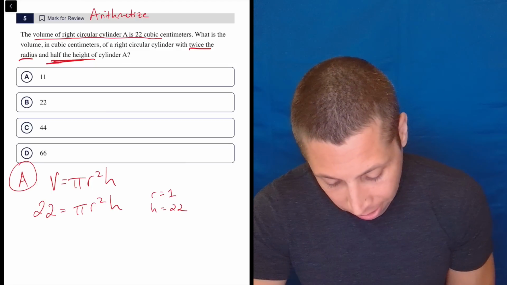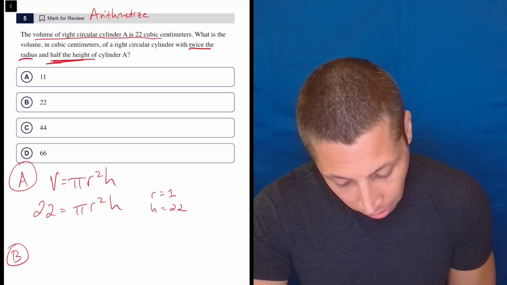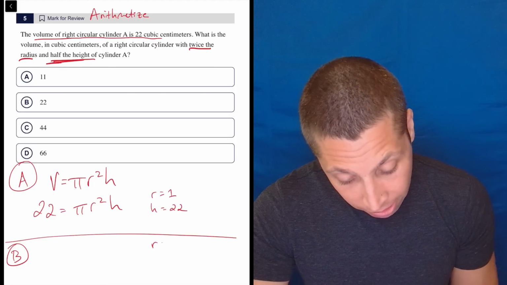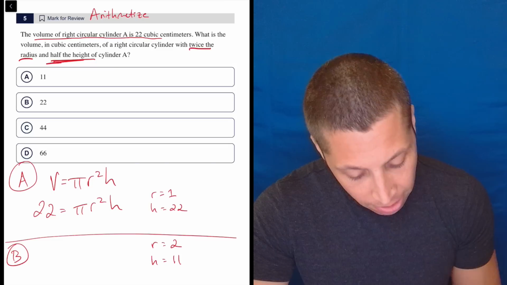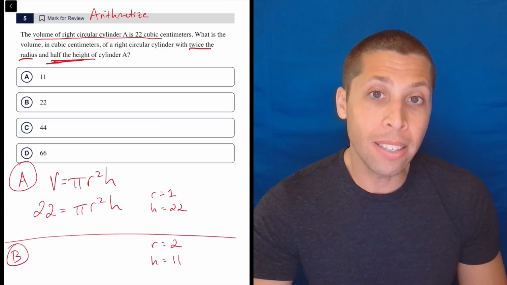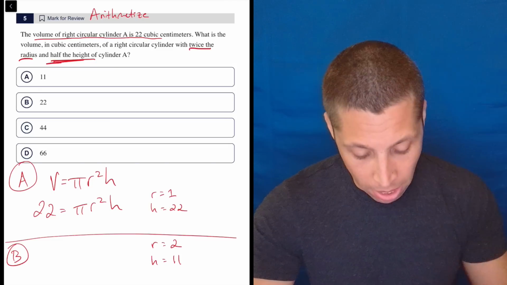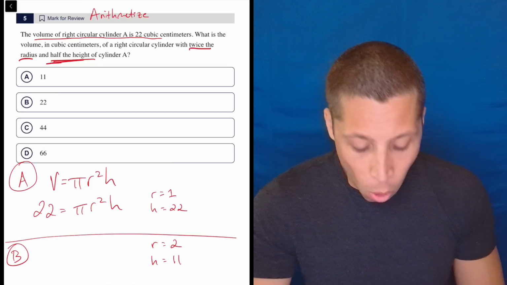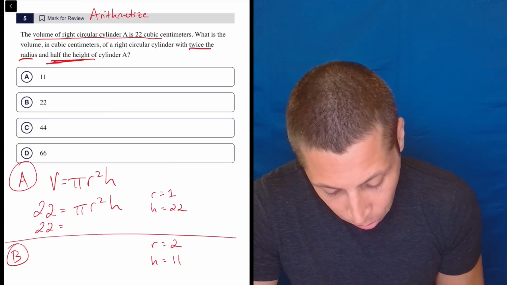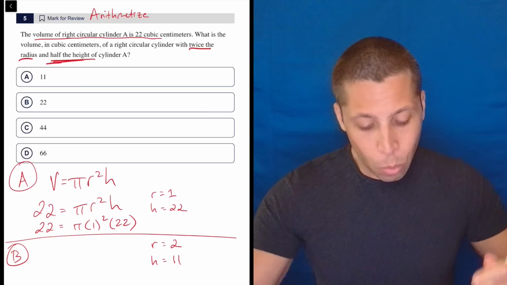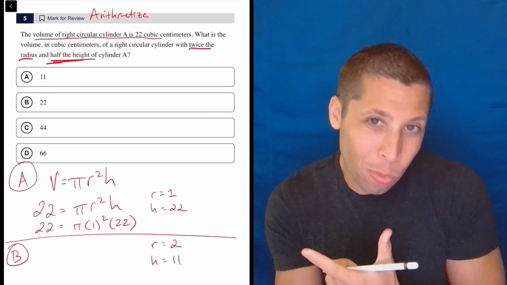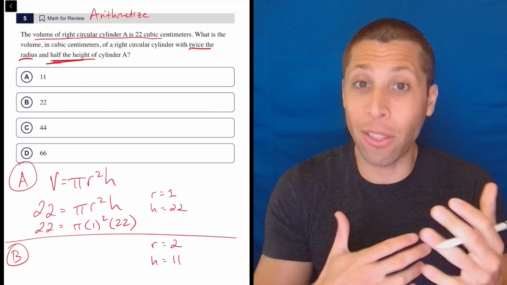That way, when I get to cylinder B later, I have a radius that doubles, that's 2, and a height that I can halve very easily, so that's 11, right? So these are easy dimensions to change. And then let's see that it almost works out, right? So if I do 22 equals pi times 1 squared times 22, we see that this kind of works nicely, that we get the volume that we want.